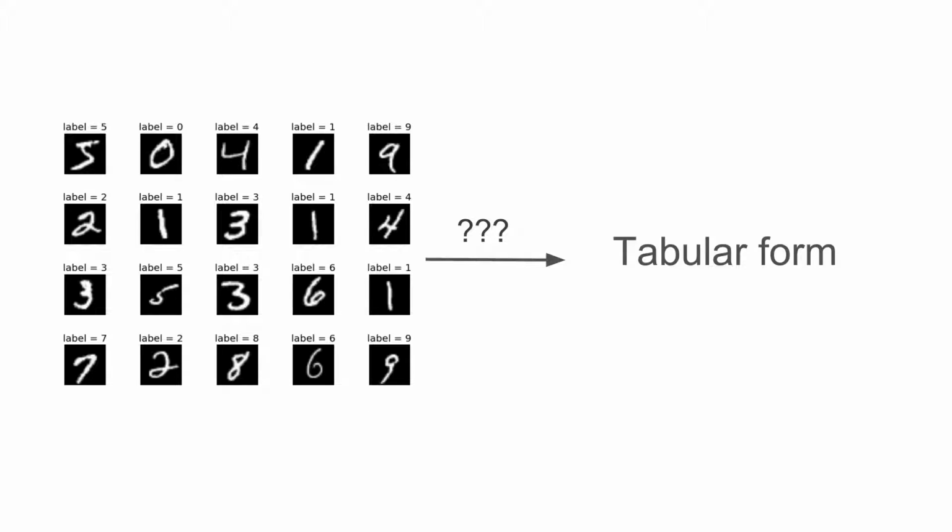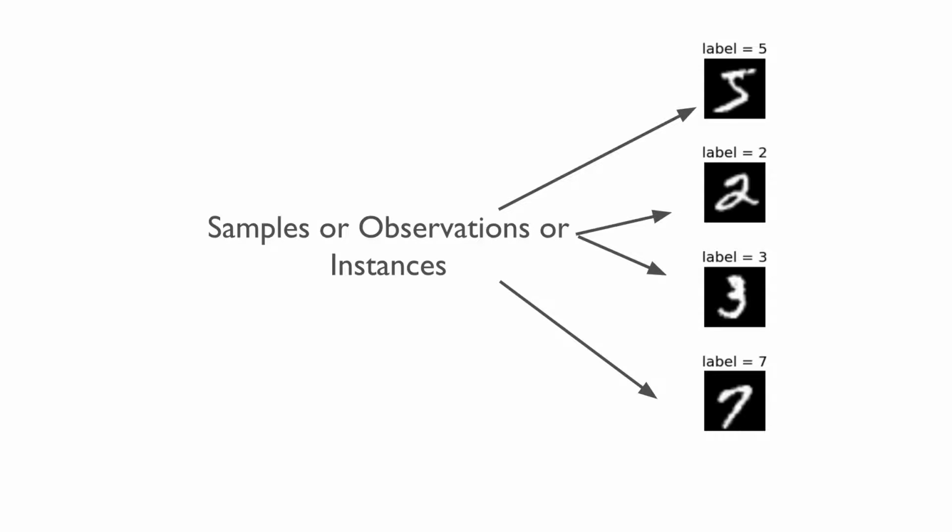Now the question is how we will represent this in a tabular form. What will be the features, labels, and instances? Since each observation is a single digit, a row in our dataset will represent a single digit. And the manually identified value of what is actually written in the handwriting is the label.